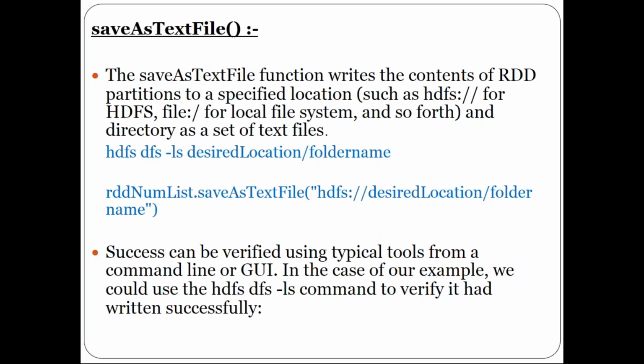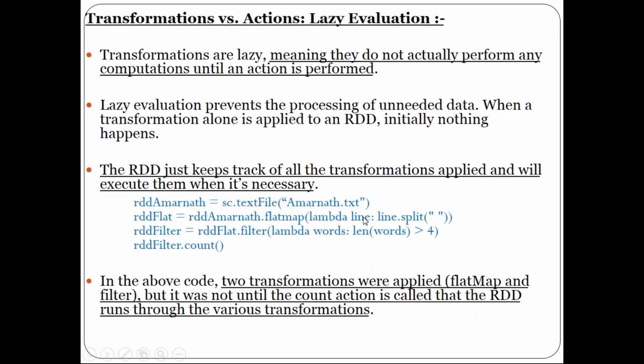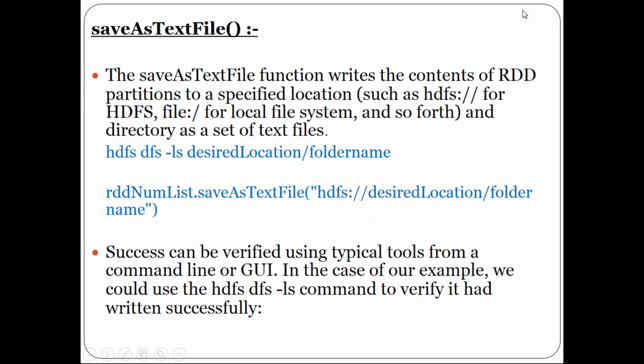Now, what happens here is your save as text file simply goes and saves the results of your transformation into a directory. You can also see that it will create a directory. In that directory you'll have files, and you'll also see a success file.